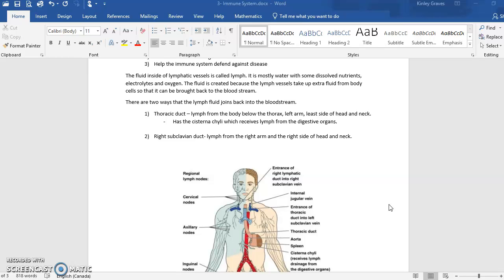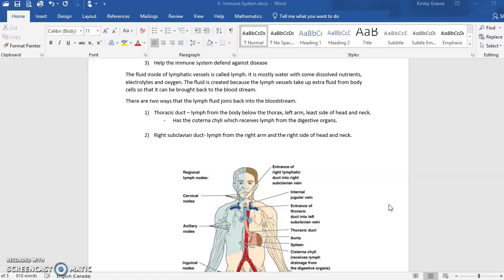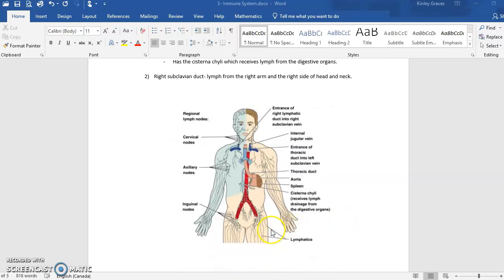So inside of lymphatic vessels, we have a fluid called lymph. It's mostly water with some dissolved nutrients, electrolytes, and oxygen. And this fluid is created because the lymph vessels take up extra fluid from body cells so that it can be brought back into the bloodstream. So if we look at this little diagram down here, we can see all these lines are lymph vessels. So if we looked at this hand specifically, outside of the capillaries surrounding your cells, there's some fluid.